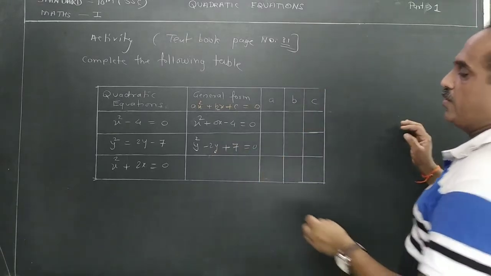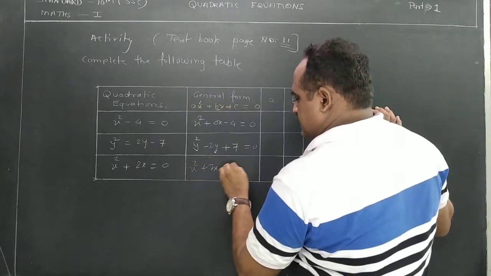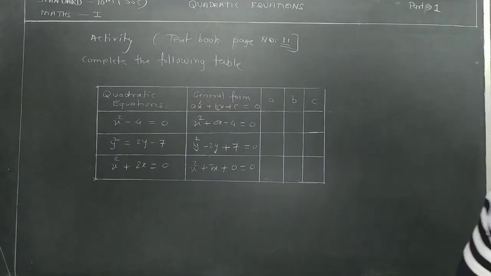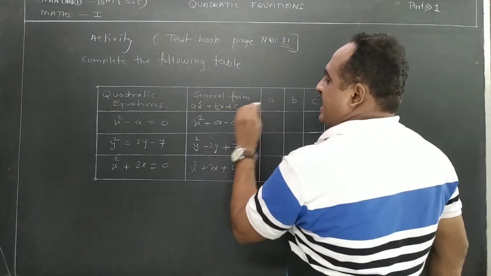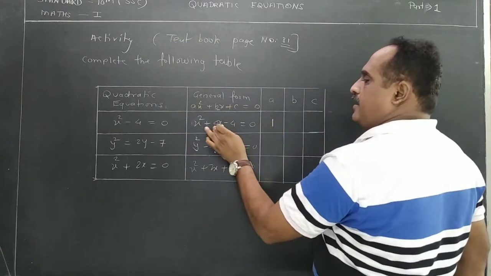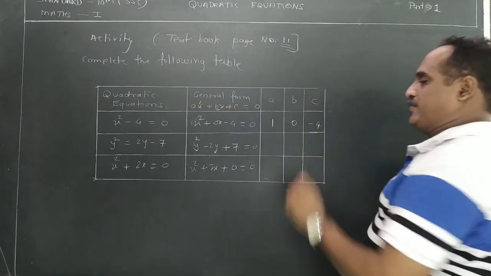And last one you are going to write x square plus 2x plus 0 is equal to 0. Now if you see value of a, here nothing is there, means actually 1. It is 1, b is 0 and c is minus 4.